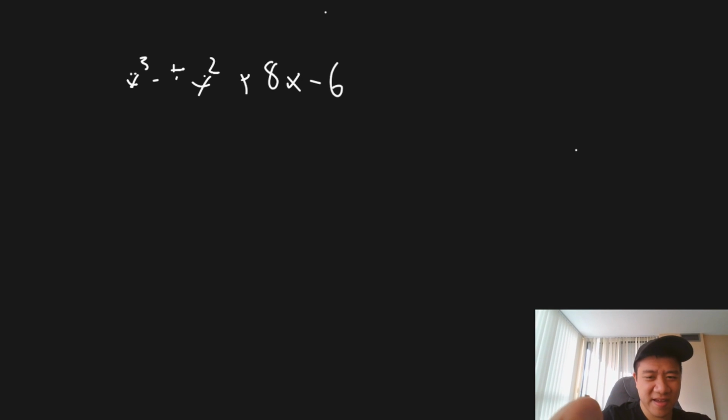The only drawback for synthetic division is that it doesn't work all the time. It only works when your divisor is degree 1. So for example, let's say you have some random polynomial: x cubed minus 5x squared plus 8x minus 6, and you're dividing by x squared minus 5x plus 1.